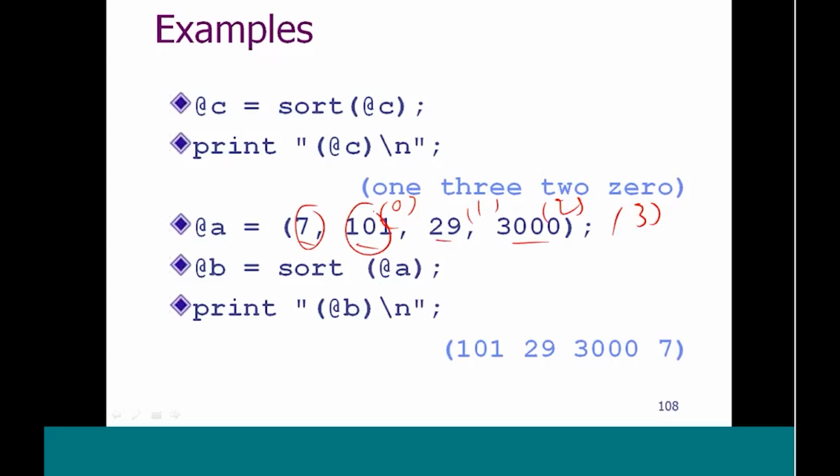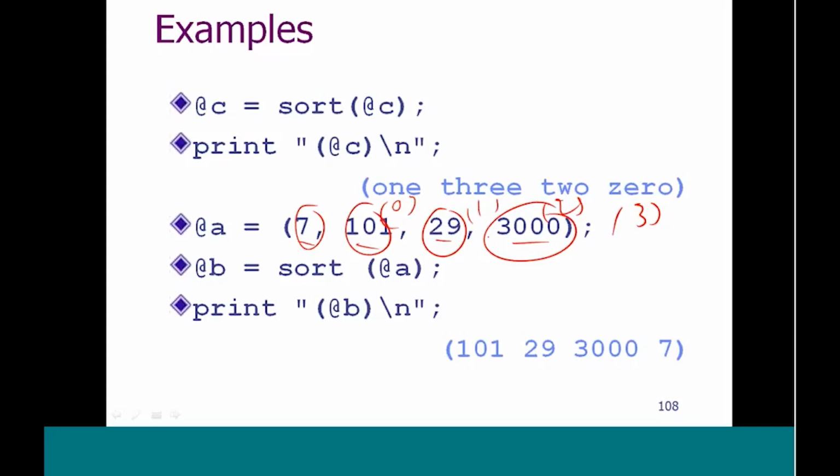This is just 7, this is 101, 29, 300, and if you do a sort, the sort does not go by the actual value of the number, but it's only a literal sort.